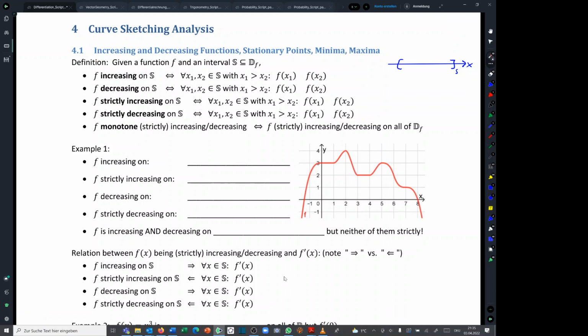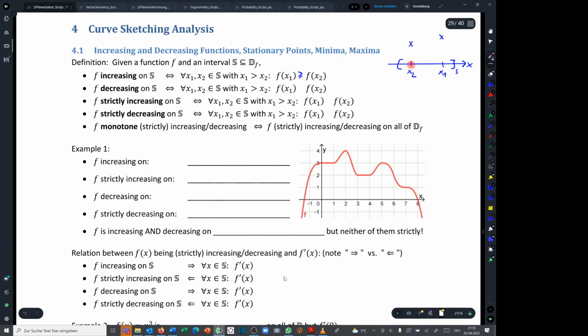This means that if I take any two x values in here, x1 being to the right of x2, x1 being larger than x2, then it's increasing. This means that f of x1 is larger or equal than f of x2. I mean, f of x1 drawn on the y-axis is larger or equal than f of x2, so we see it goes up here somehow.